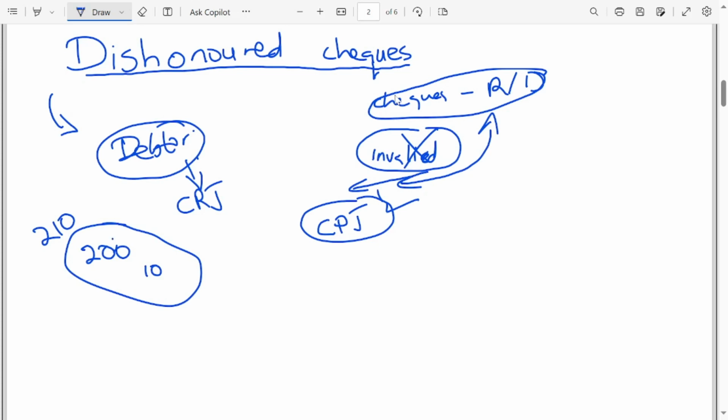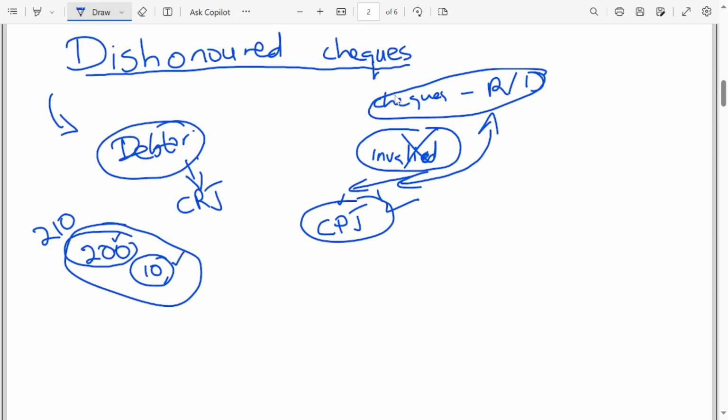So he paid 200, then we gave this debtor 10 rand. So we are going to cancel this 200 in a CPG, right here. And then what about the 10 rand? The 10 rand is not going to affect the CPG. Remember, the CPG is a payment here, and 10 rand is not a payment.